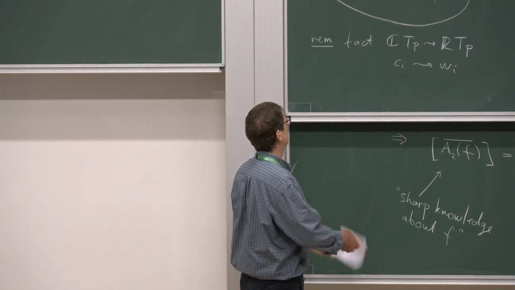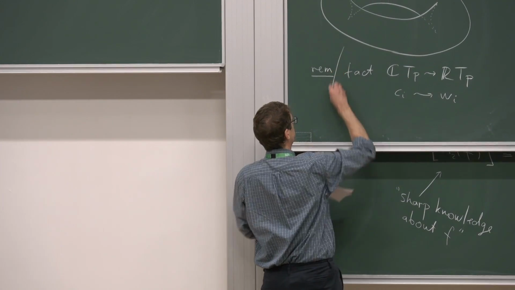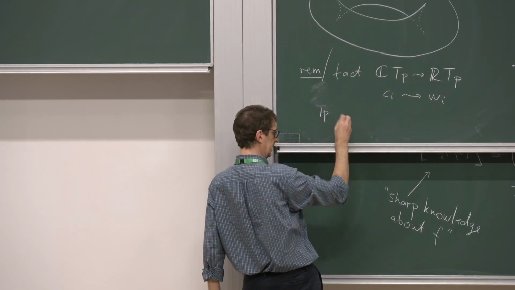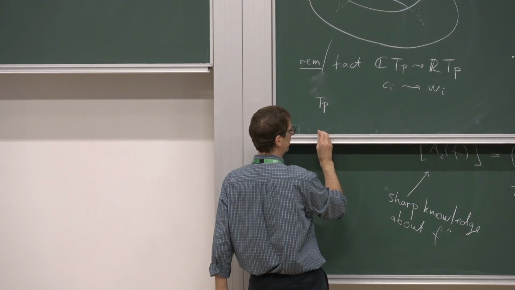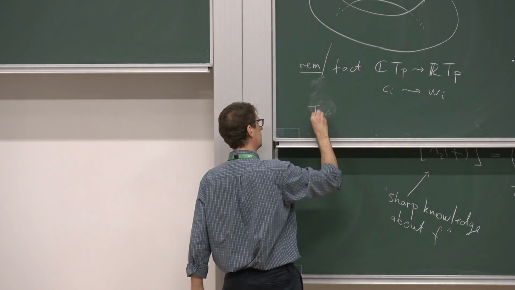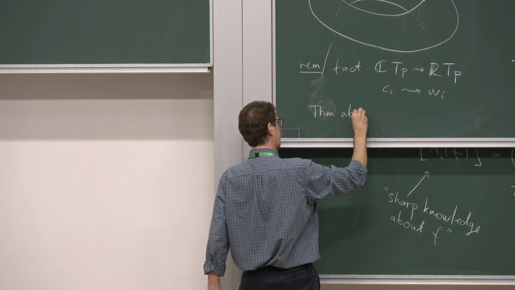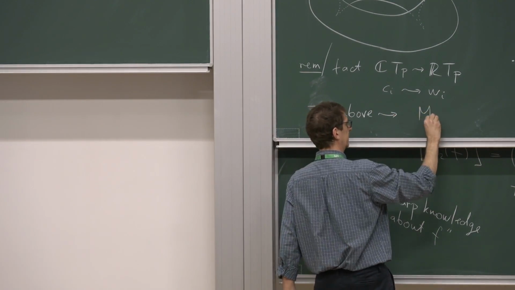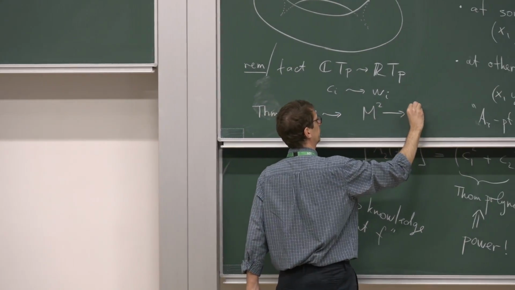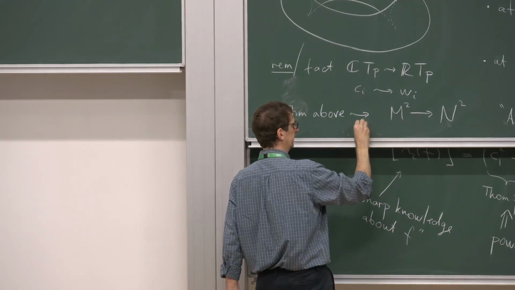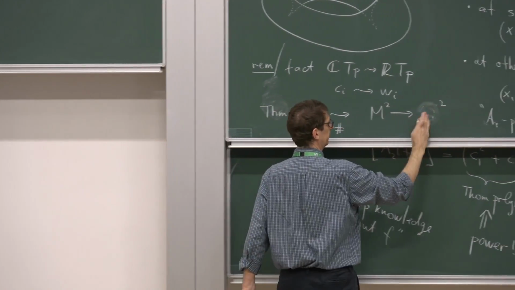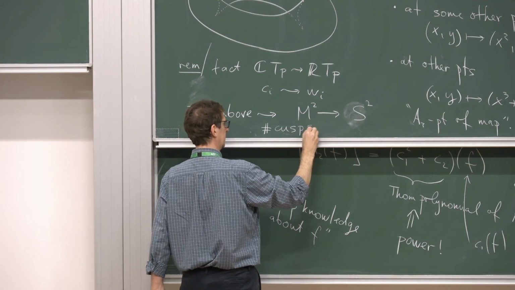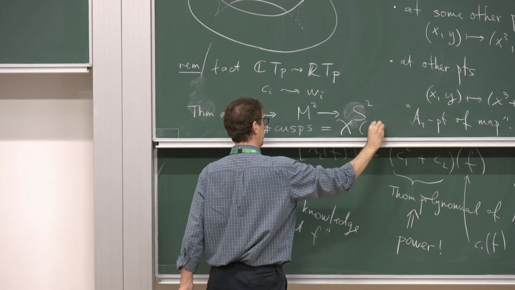And that's what's happening for this particular example. So the theorem above implies that for a real two-manifold to another real two-manifold, let it be the sphere, the number of cusp points is equal to the Euler characteristic of M.